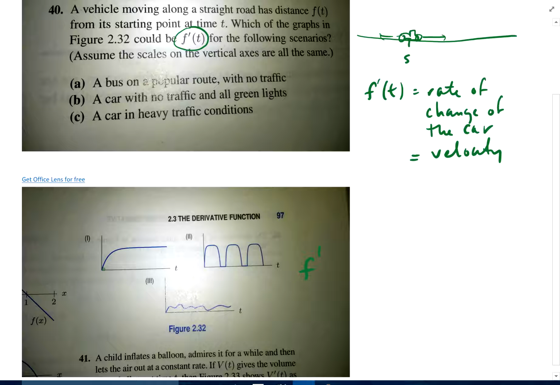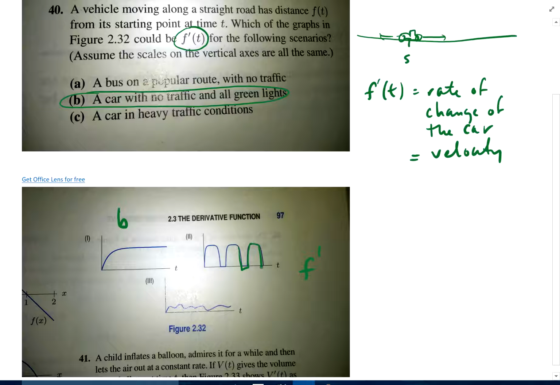So what's happening to the speed here? It stopped, and then it picks up, and then it stays constant. So that would be B, a car with no traffic, all green lights. This one here, you speed up, you go fast, you slow down, you stop. Speed up, go fast for a little while, slow down, stop. Speed up.